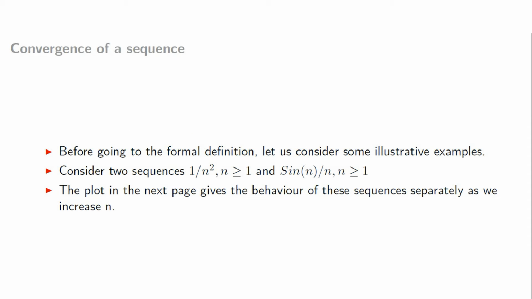Next, we shall introduce the concept of convergence of a sequence. Just before going to the formal definition, let us consider some illustrative examples. Consider two sequences 1 by n square and sin n by n. The plot in the next page gives the behavior of these sequences separately as we increase n.